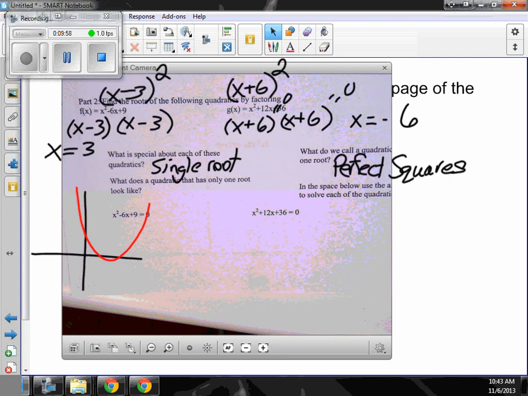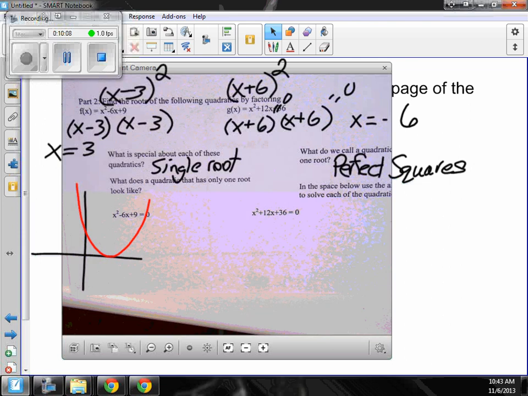If the minimum is on the axis, then that quadratic has a single root. And sometimes we call it a double root because you need two of them to create the equation, but it only hits the axis once.